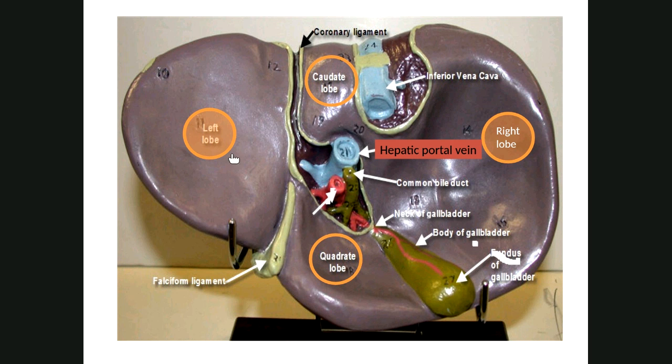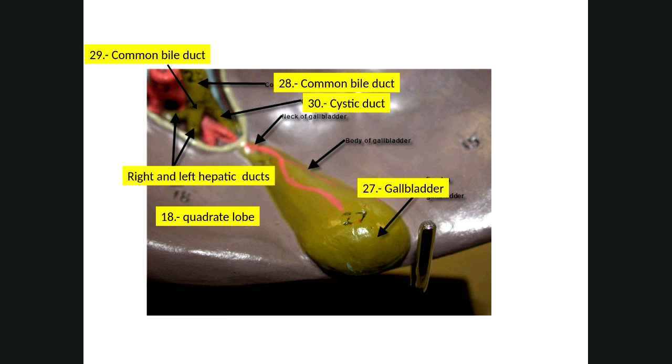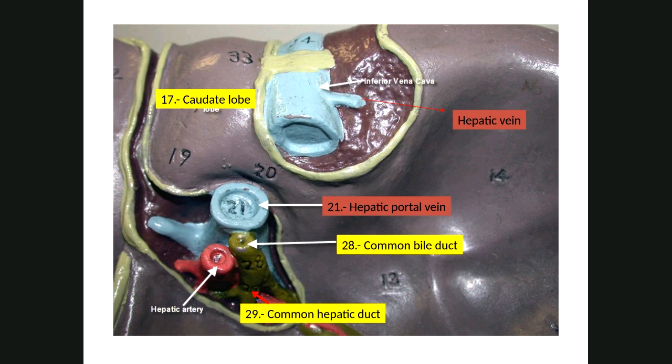Left lobe is smaller, right lobe is larger. On top is the caudate, and the smaller one is the quadrate. Okay, here is the gallbladder. Okay, so the liver is also called hepar. An infection of the liver is hepatitis.